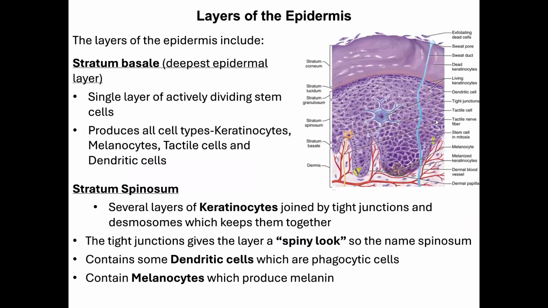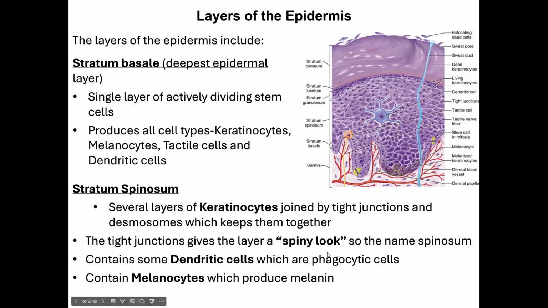So this is the bottom of the epidermis. And you can see one layer of cells here. It's actively dividing. It is stem cells, so they can become any cell. It can become a keratinocyte, a melanocyte, a tactile cell, or a dendritic cell.